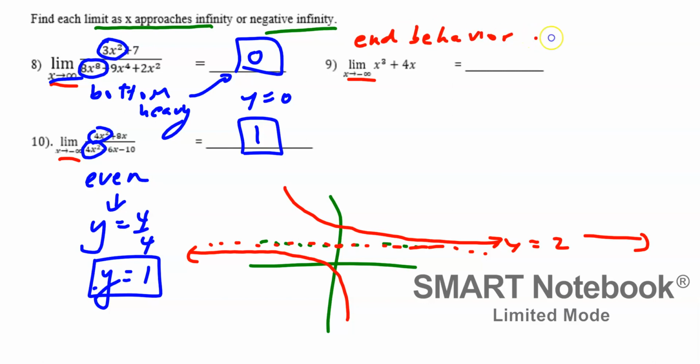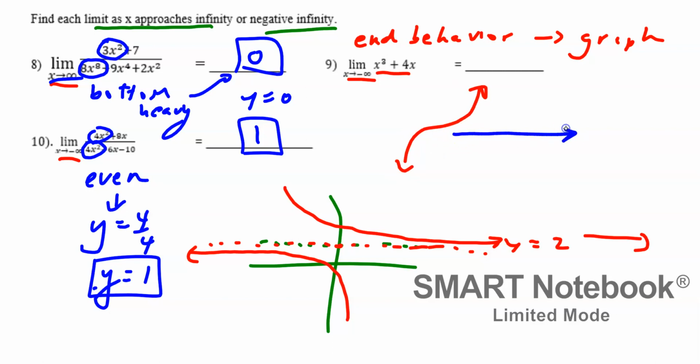And when you need to think about end behavior, what I would consider doing is a quick sketch of the graph. So this function is an x cubed function with a positive lead coefficient. So it means that this function is going to look like a snake that is rising from left to right. So if you think about end behavior, as this graph goes to the right, the function is going up. As this graph is going to the left, the function is going down.